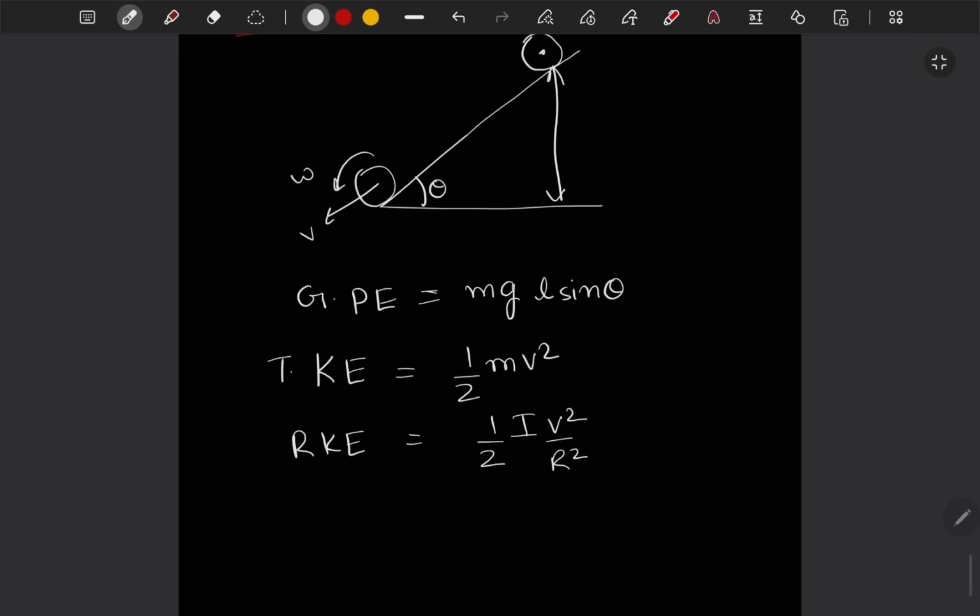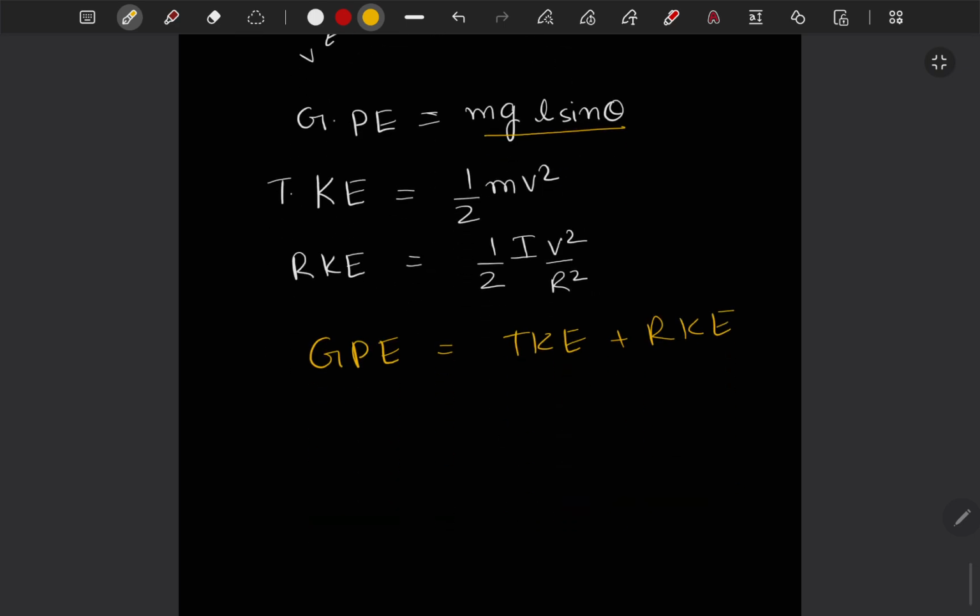Conservation of energy means gravitational potential energy equals translational kinetic energy plus rotational kinetic energy. We know where the energy is spent otherwise. So we can put in the formula: mgL sine theta equals half mv square plus half I v square by r square.